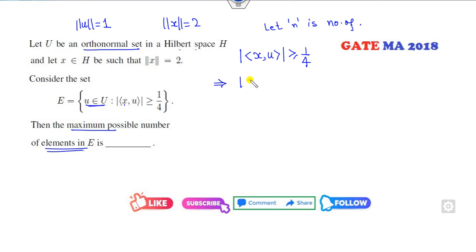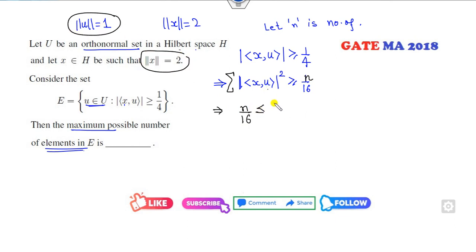Fine. So if I use the Cauchy-Schwarz inequality, I have to write it as a square first. It is 1 by 16. Then I can take the summation of this. The right-hand summation is n over 16. Now I can relate this with the norm of this and the norm of this. So this value I can write as x minus u square.